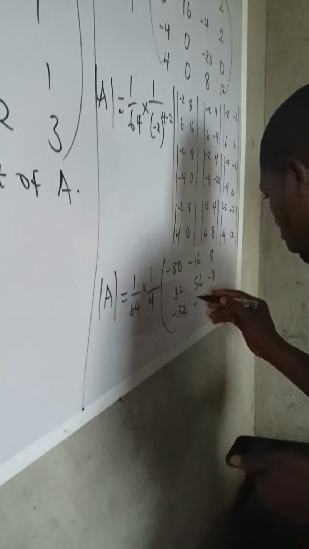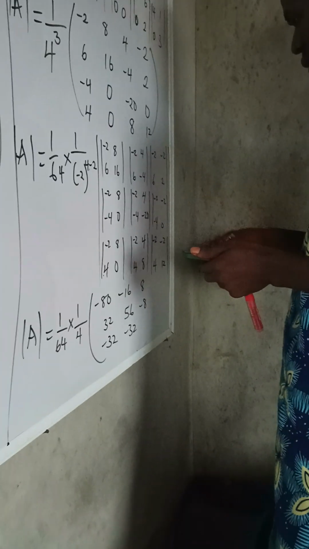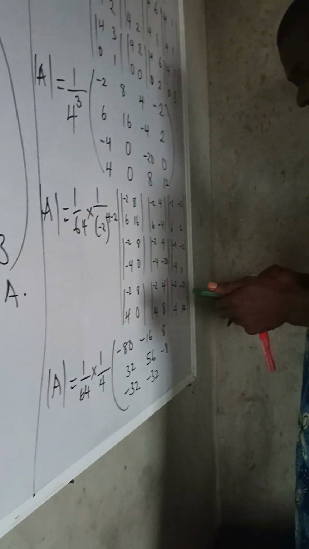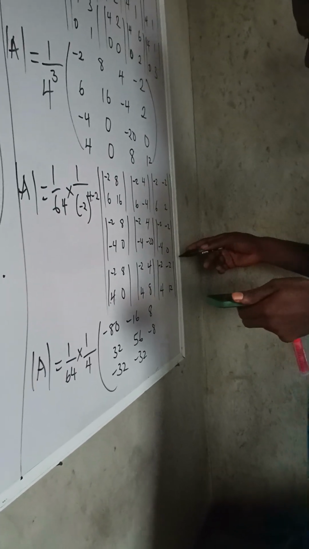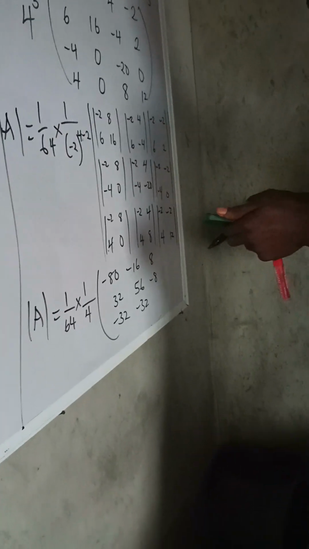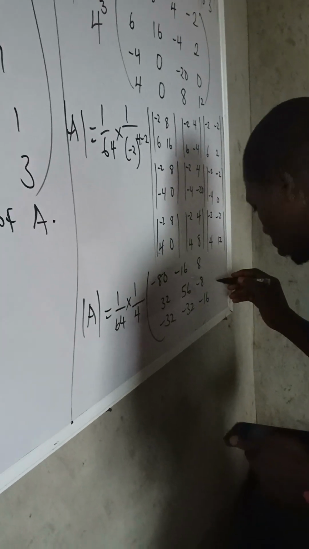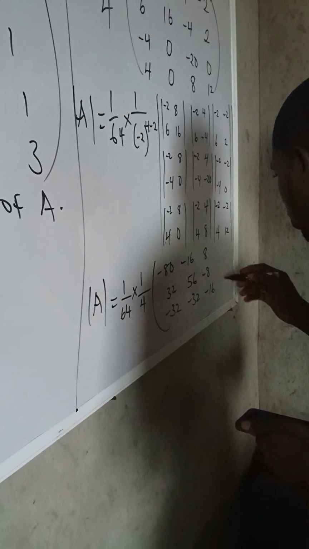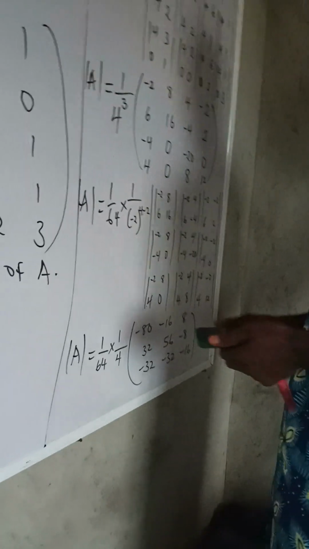We have minus 32 again. And here we have minus 24. Minus 24 plus 8, we have minus 16.